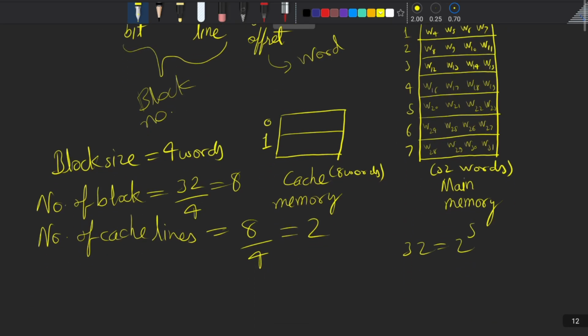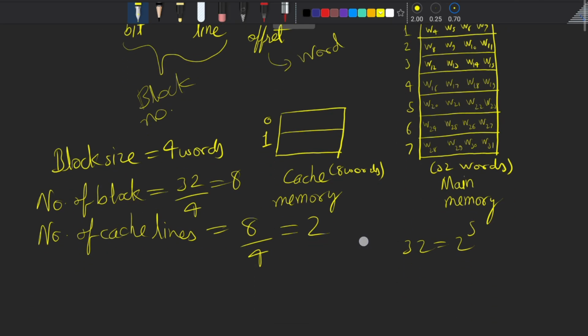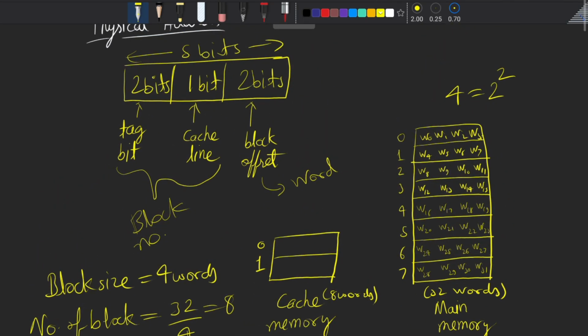Now let's see what the advantages and disadvantages of direct mapping are. Let us first look at a major disadvantage. Since direct mapping maps each block of main memory to exactly one cache line of cache memory, there arises a condition known as conflict miss.